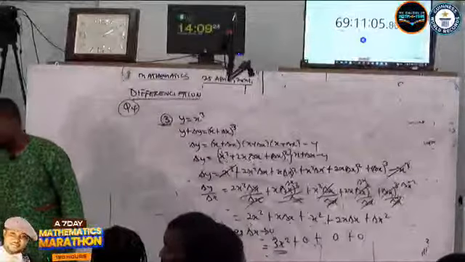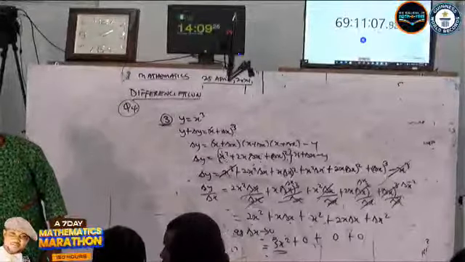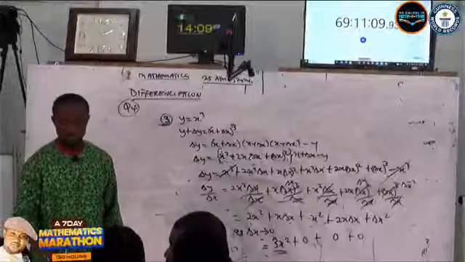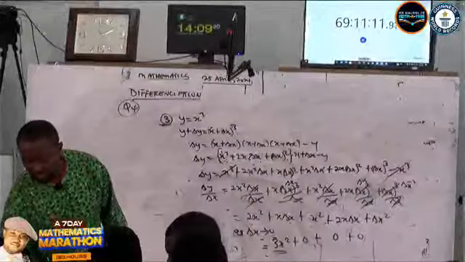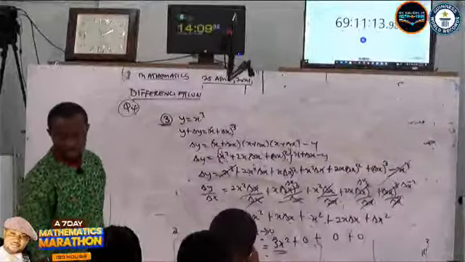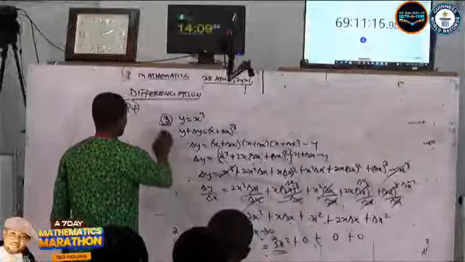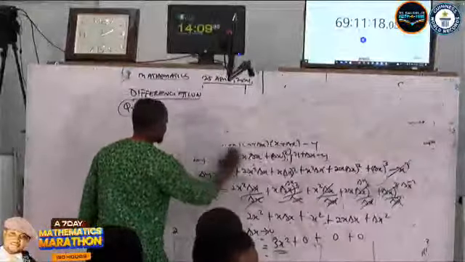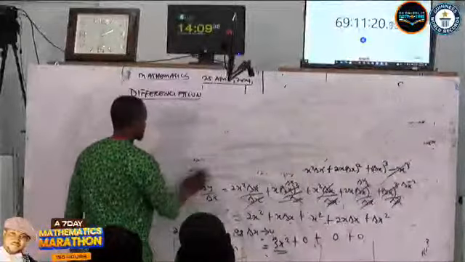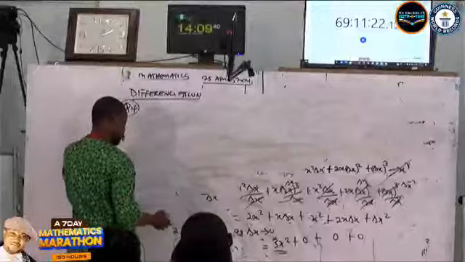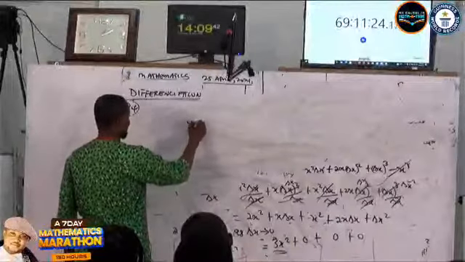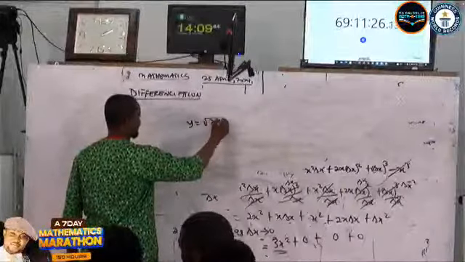Question number 4 says, y equals the square root of x plus 3.